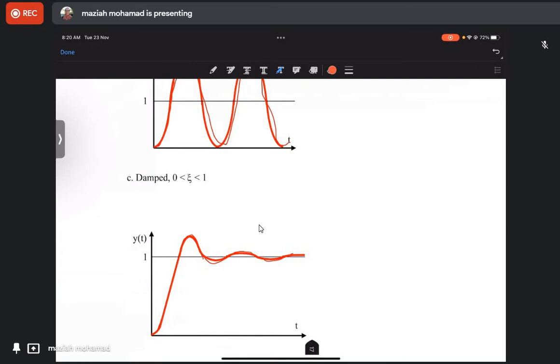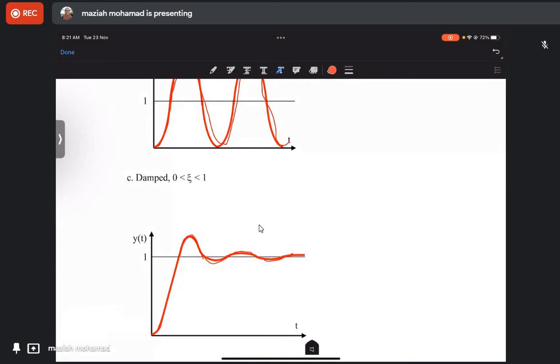Okay, this is the kind of behavior that we want from a second order system. Okay, we don't want it to behave like first order. Okay, we also don't want to have a very high amplitude of the sine wave.